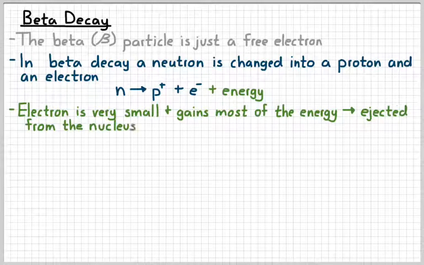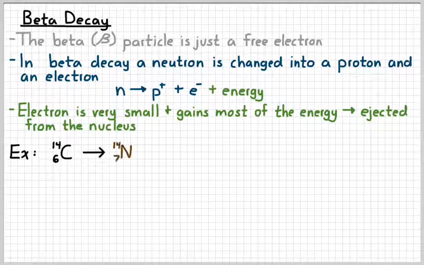So it's not one of the electrons that orbit around the nucleus, it's a new electron, and it goes blazing out of there so fast that it doesn't affect the other electrons in the atom. It's a new electron created as a neutron turns into a proton plus that extra electron.